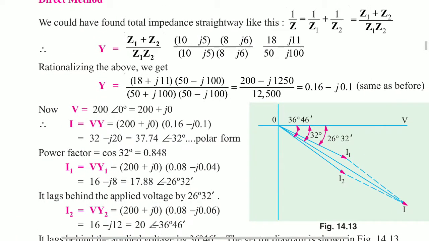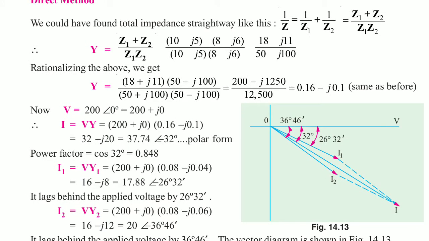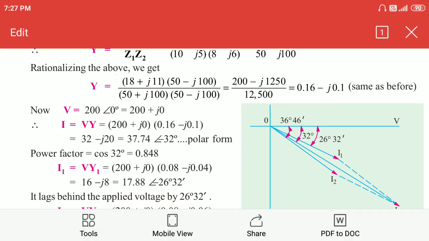Now I1 is equal to V into Y1. What is the voltage V? 200 plus j0 into Y1, which is 0.08 minus j0.04. That is equal to 16 minus j8. That is equal to 17.88 angle of minus 26 degrees 32 minutes.